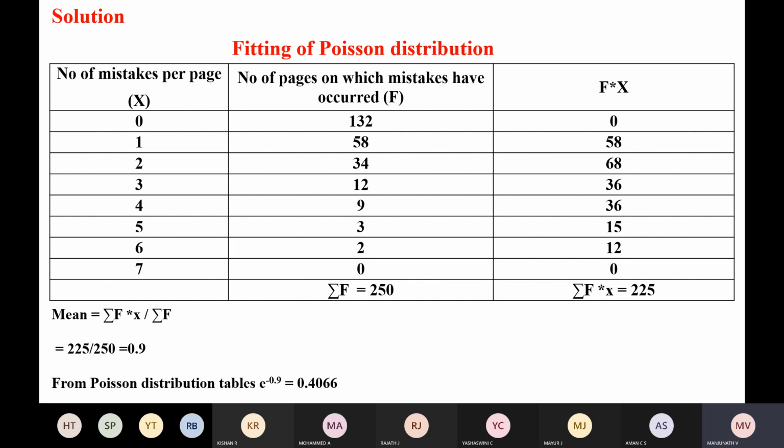Take it as 250 because your sigma f is 250. Look at the slide. Got it? Okay. Yes, sir. Okay. I made a mistake. I'm accepting it. I made a mistake while simplifying it. It's okay, sir. It's okay.